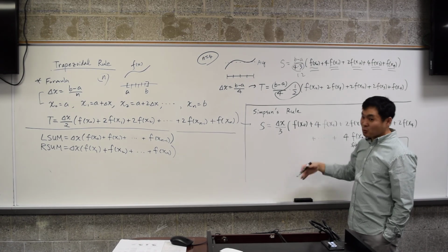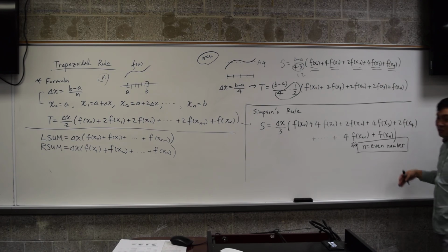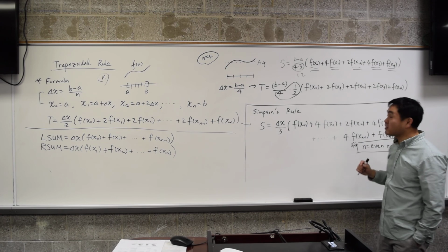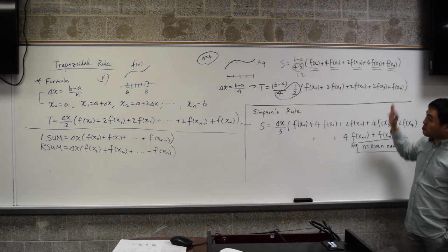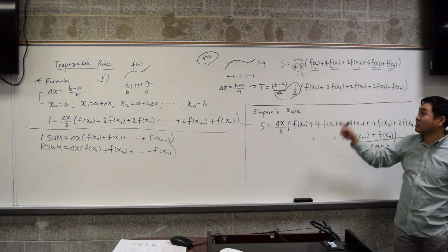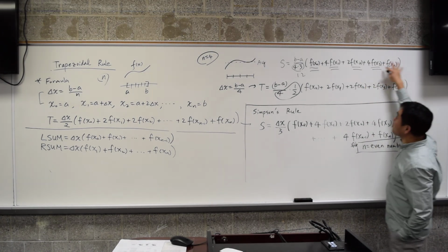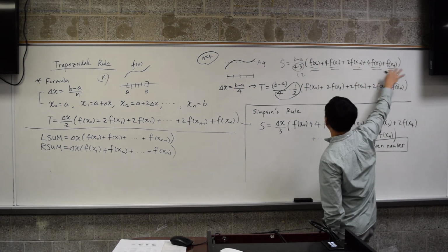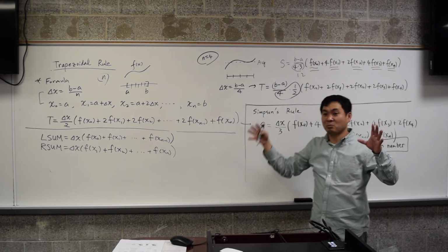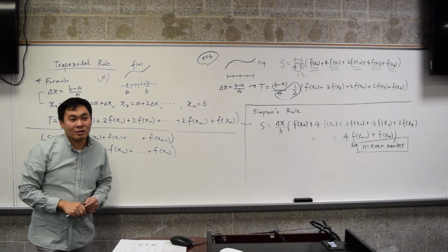And for some reasoning that's really not clear at this point, I'll have to give a separate explanation of why that kind of weight is so effective. But if you accept that, then you can think of all these formulas, whether trapezoidal, left sum, right sum, or Simpson's, as taking some form of weighted average times the base length, and you end up getting a rectangular area, and you're using that as the approximation.